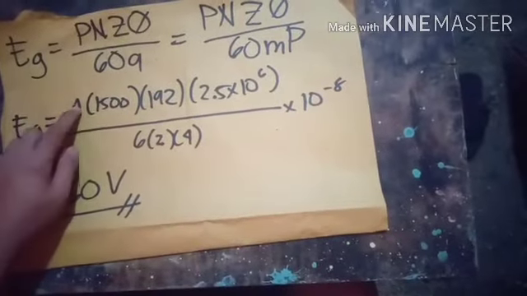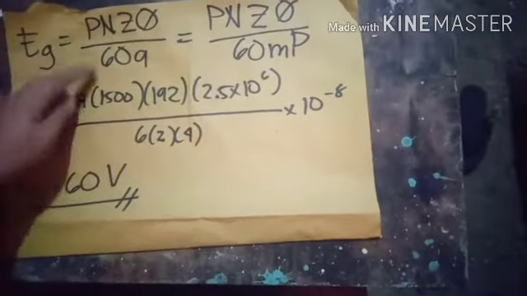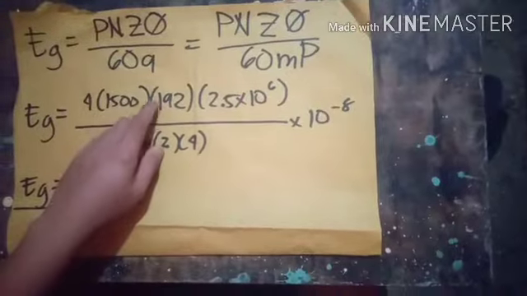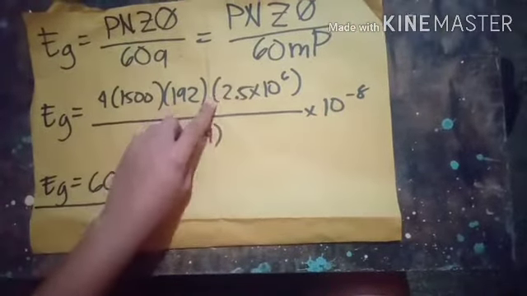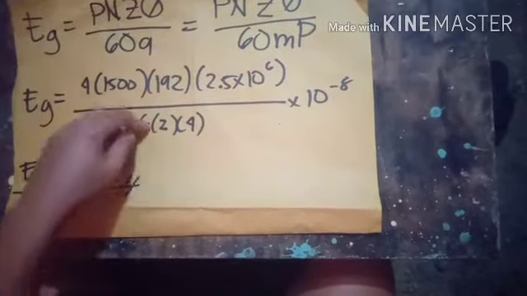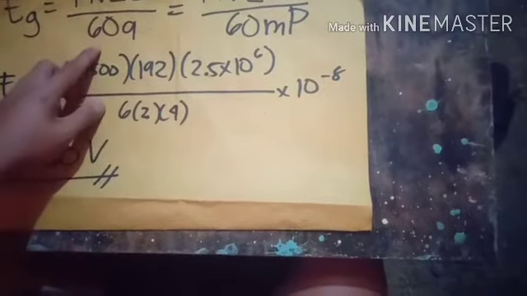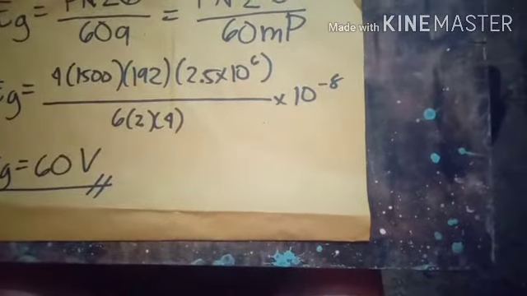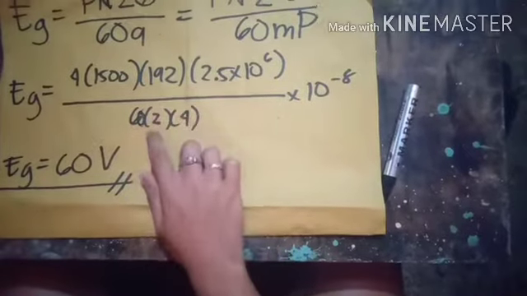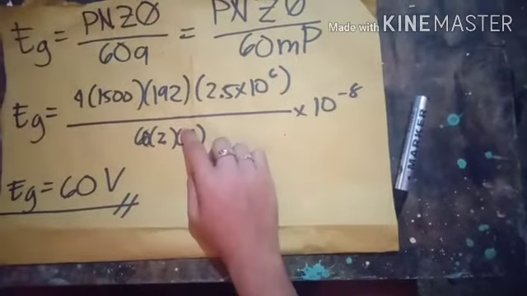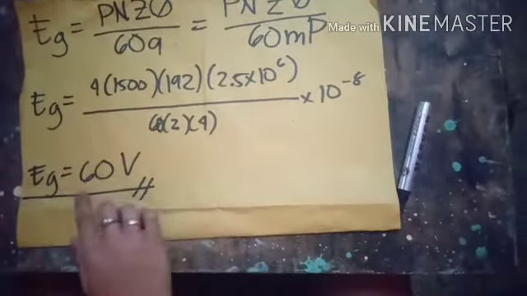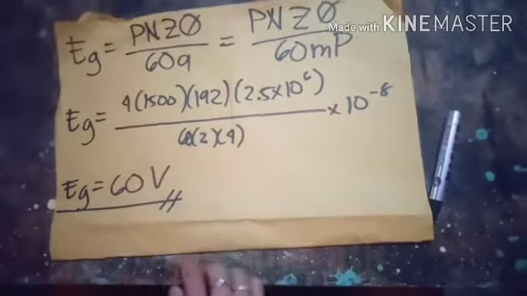So EG is equal to 4 for the poles, 1,500 for the N, 192 for Z, 2.5 times 10 to the power of 6 for the flux, over 60 times 2 for M, times 4 for the poles. So EG now is equal to 60 volts.